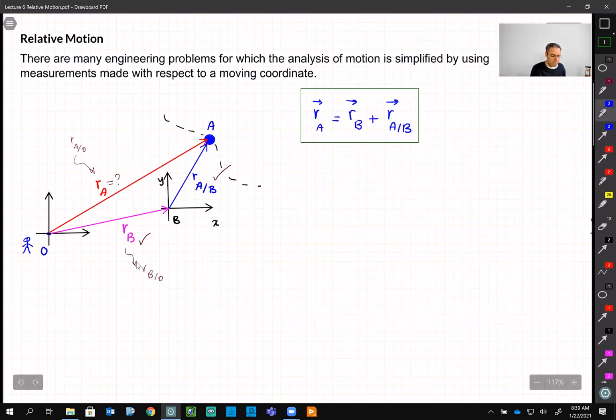So the same relation, if I take the derivative, I can write down then VA is equal to VB plus VA with respect to B, and for acceleration as well, AA equals AB plus A with respect to B. Okay?